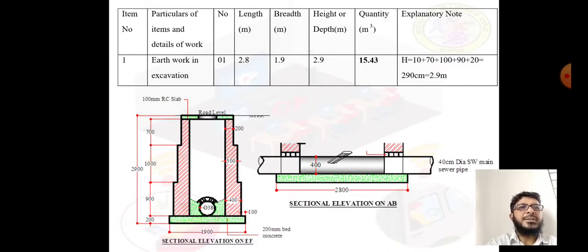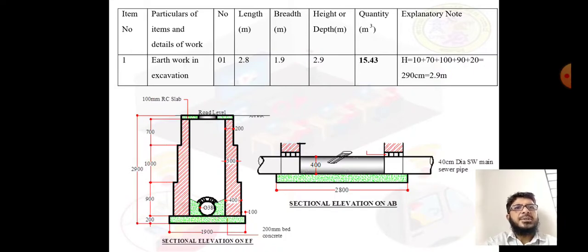In the explanation also we have to write how we got the total depth. So H is equal to, in terms of centimeters, 10 centimeter thickness of slab, then 70 centimeter first step, then 100 centimeter second, then 90 centimeter third, and last 20 centimeter. If we add, you will get 290 centimeter, means 2.9 meter.